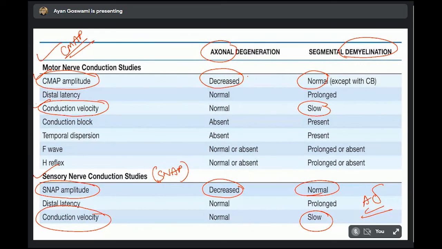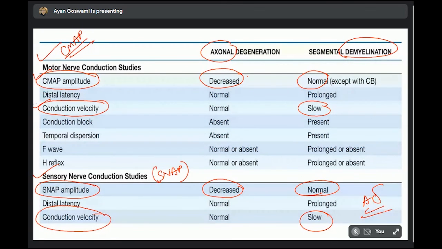There are lots of things like conduction block, temporal dispersion, F wave, H reflex, but these are never asked in undergraduate, never asked to MBBS students. So just remember the action potential amplitude and velocity. Velocity is equivalent to myelination. Whenever there is demyelination, myelin sheath damage, velocity will be decreased.